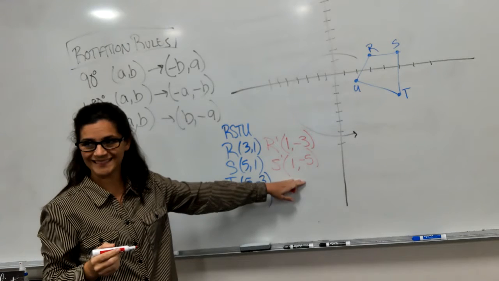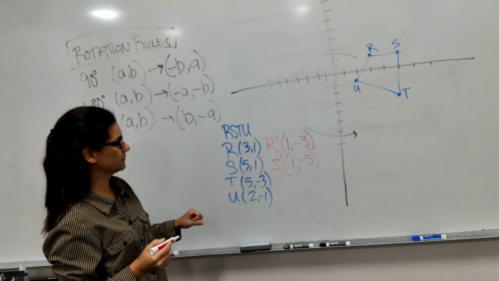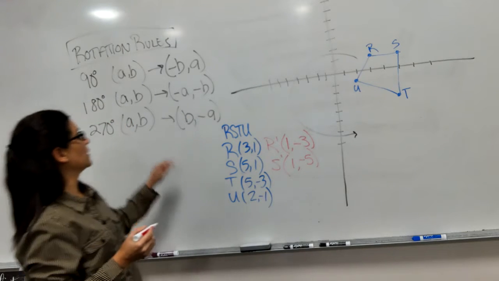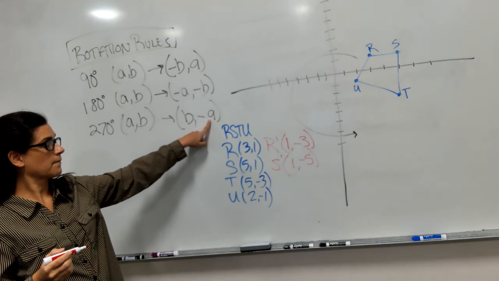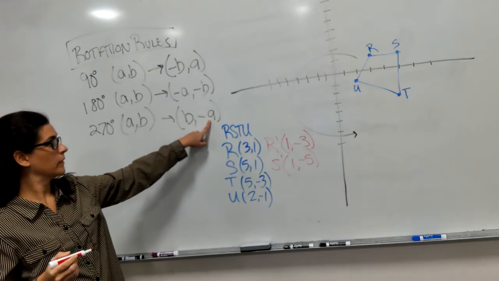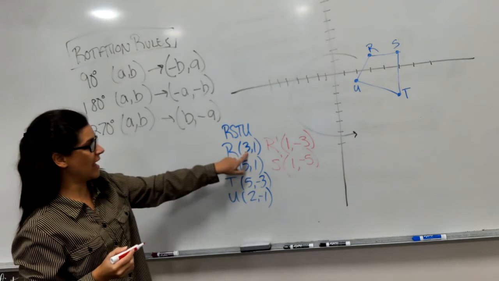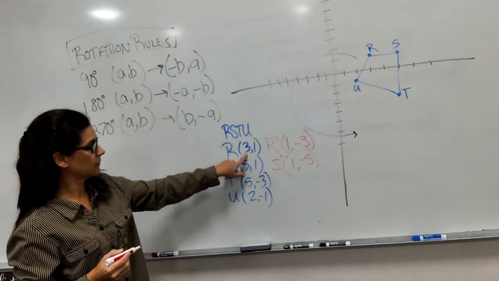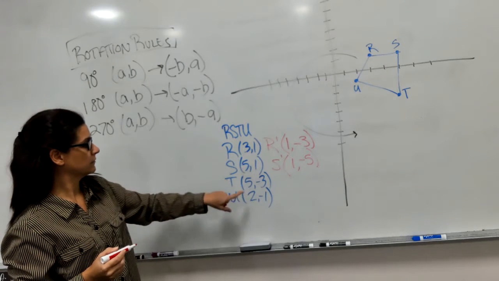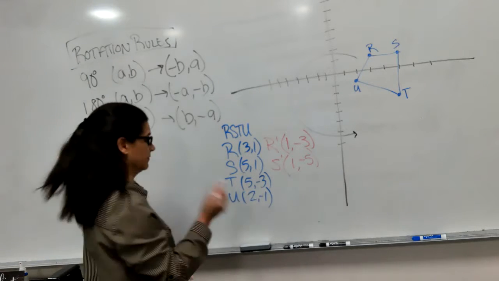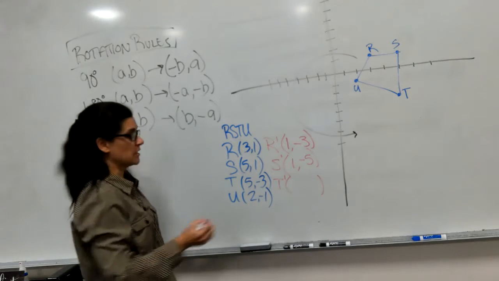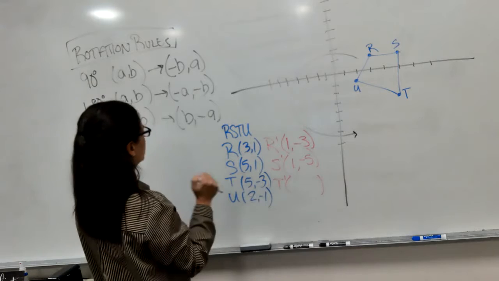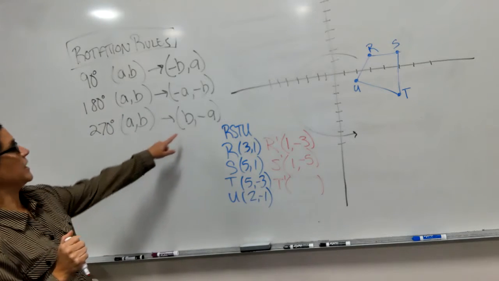Luke, you paying attention? Wait, wouldn't that -3 be a positive? It goes to B, negative A. This is our A and our B. It's -3 and -5. Actually, no. B comes first.